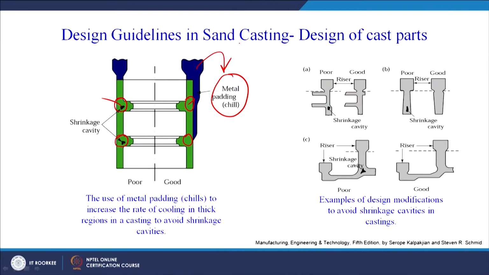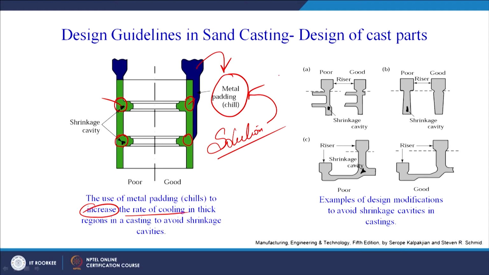So, the use of metal padding chills is to increase the rate of cooling in thick regions in a casting to avoid the shrinkage cavities. So, this is one solution to avoid the shrinkage cavities: accelerate the rate of cooling. So, two solutions we have seen.